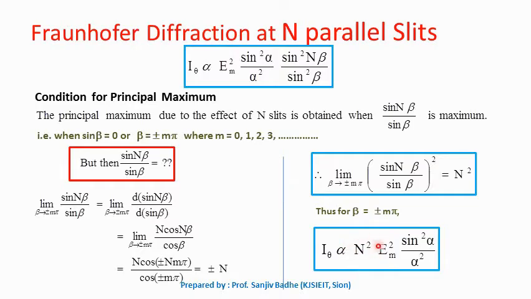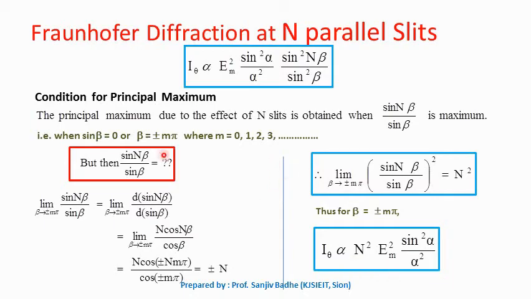Number of slits on the grating, that means number of lines on the grating. See, this n is different from the n which we have seen in the relation n is equal to 1 upon a plus b. In that case n was the number of lines per centimeter, and in this case n is the total number of lines on the grating, total number of slits on the grating. So remember this important point.